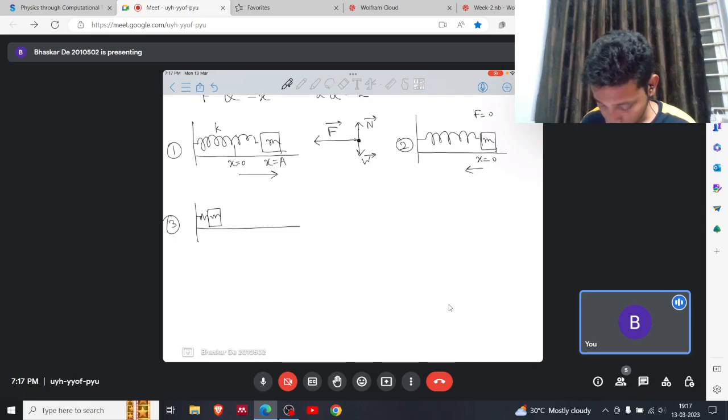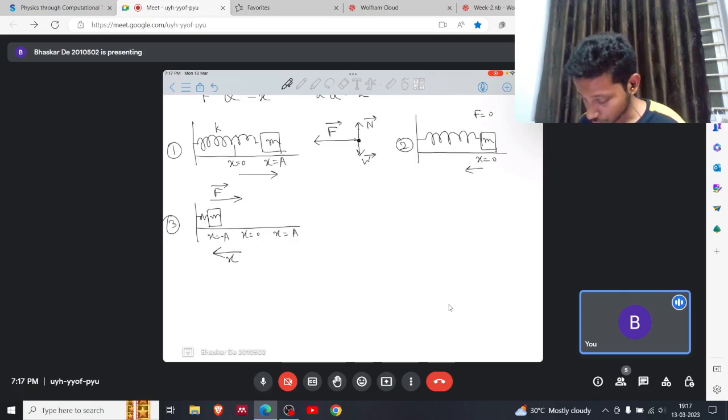So this is the mass. Here it is x equal to minus a, x equal to 0, x equal to a. Now the mass has come to x equal to minus a, and here the force is in this direction and the displacement is in this direction.